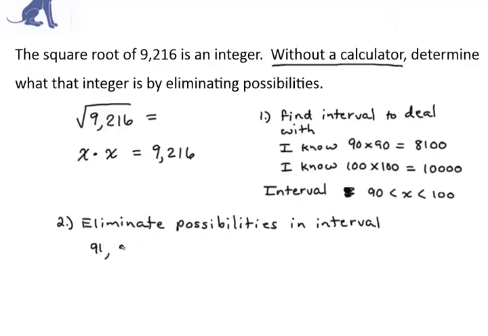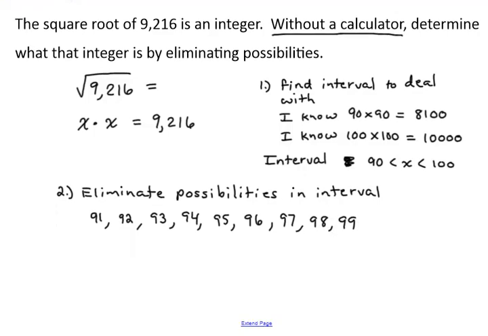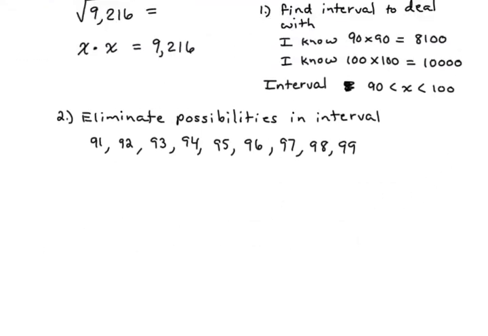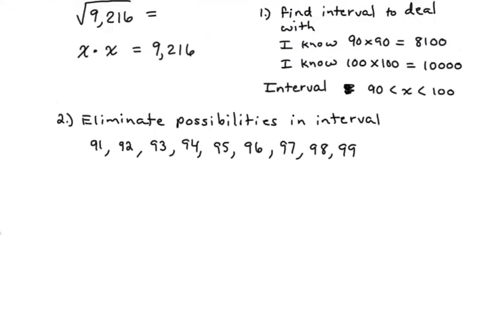It could be 91, 92, 93, 94, 95, 96, 97, 98, or 99. Those are my possibilities. Now I know you could take a calculator and take 91 times 91, 92 times 92 to see if you get 9,216. But there's something I do want you to know.